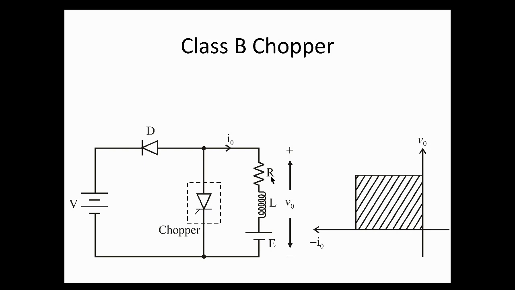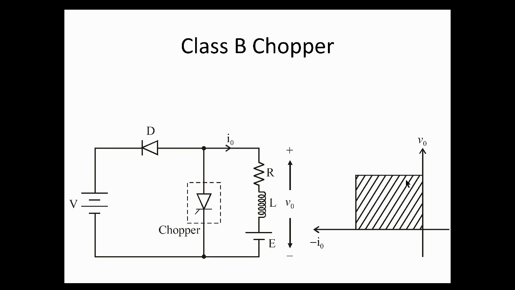So that is what is happening when the chopper is off. We have some of the current now going back to the source, right? So we have power, part of it, going back to the source. However, as you can see, the voltage is always positive. So this qualifies for a class B chopper, where you have a negative current.